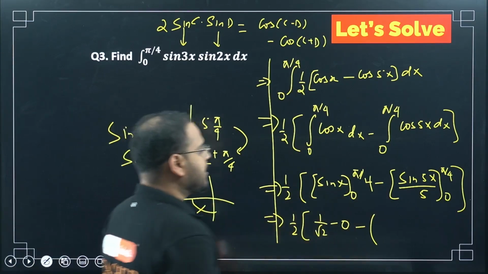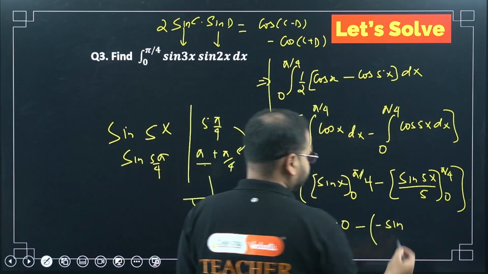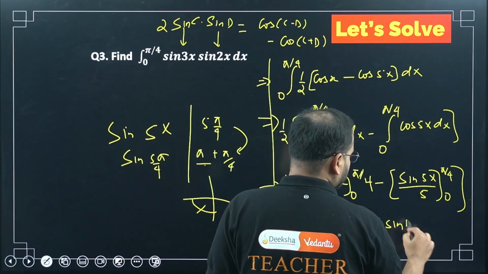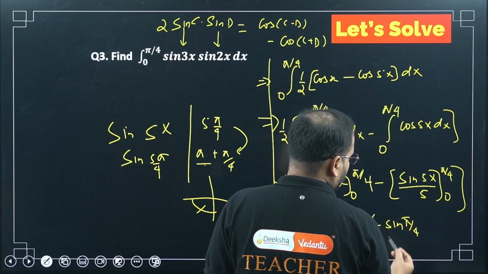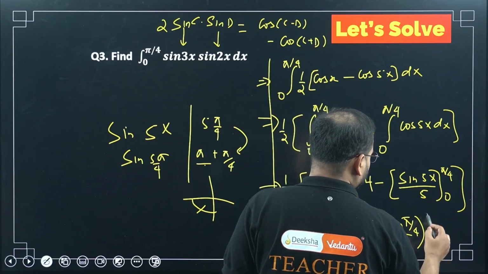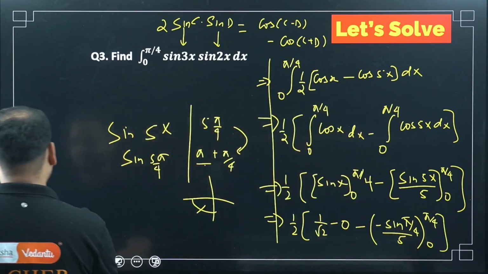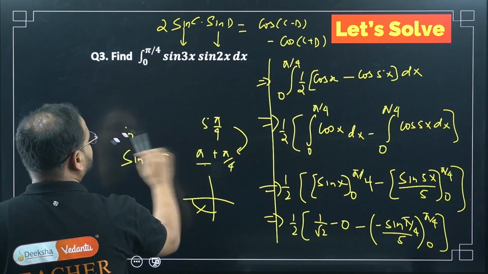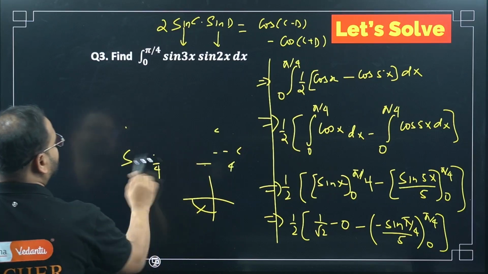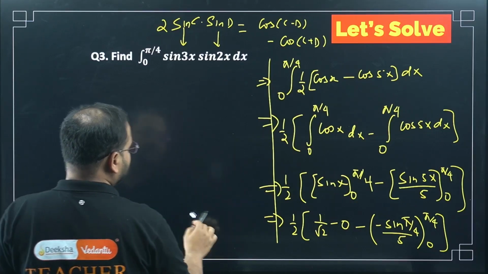So I can write this as minus sine pi by 4 upon 5, with the limit 0 to pi by 4. Close the bracket. This is very simple. Just the quadrant rule applied for pi plus pi by 4, we get minus sine pi by 4.